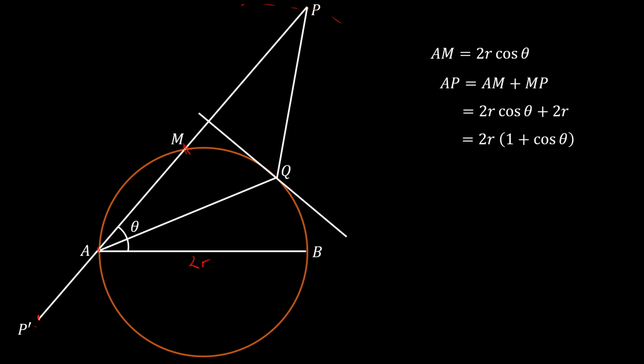This is R, and so this is 2R cosine theta. And AP is AM plus MP. Since this is the midpoint and we saw that PP prime equals 4R, therefore MP is going to be 2R.